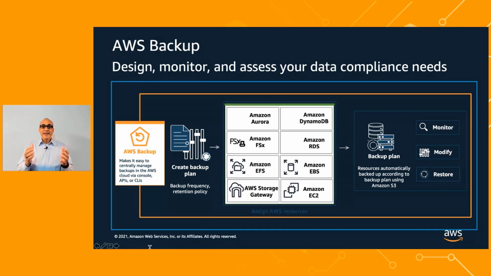But the key thing is that this service also allows you to define the controls for data protection with a more simple approach, because the information about whether you have a backup plan in place that is executing and is working as expected will be automatically collected by AWS Config, and as you will see in a couple of minutes, can be eventually sent to Audit Manager so that you're prepared for your audits.